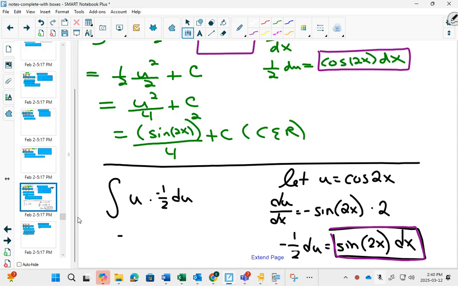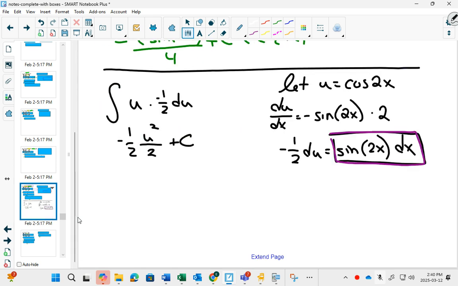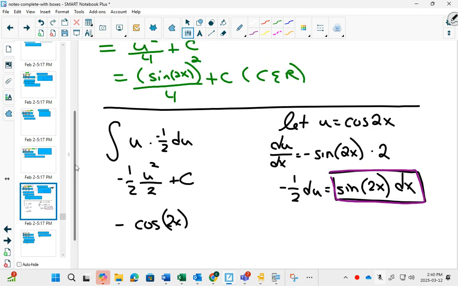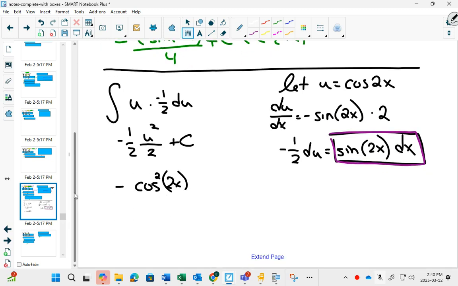Again, an easy integral, negative 1/2, add 1, divide, plus c. And I get negative. Now my u was cos 2x. Or did I write the squared? You okay if I write the squared in there instead of putting in big brackets? All divided by 4 plus c.